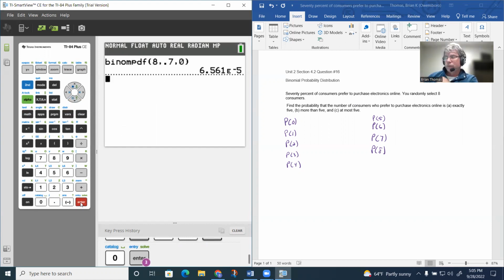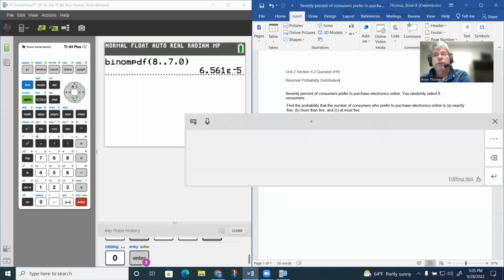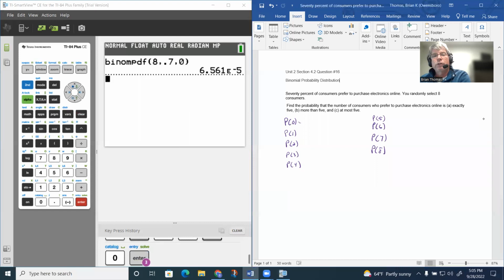That's scientific notation, which means move the decimal 5 places to the left. But we're going to just round to 3 decimal places, so that's just going to be a bunch of zeros. That's still just going to be 0.